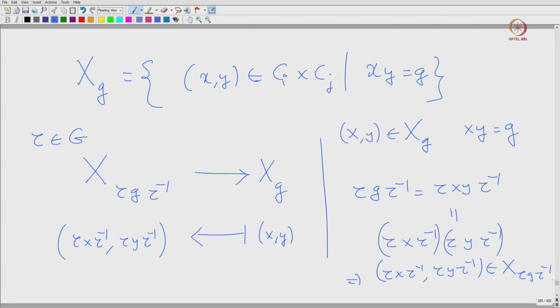And it is easy to see what will be the inverse map. You take (x', y') here, and then you simply send it to (tau inverse x' tau, tau inverse y' tau). That is going to be the inverse map. So, we have given a very explicit inverse map, which proves this is indeed a bijective correspondence.